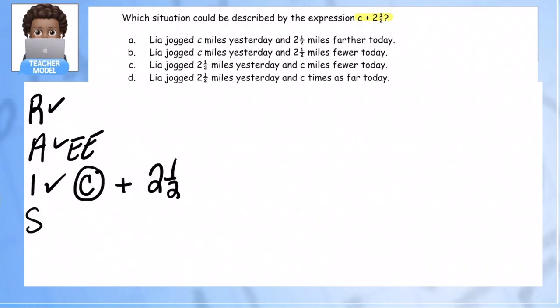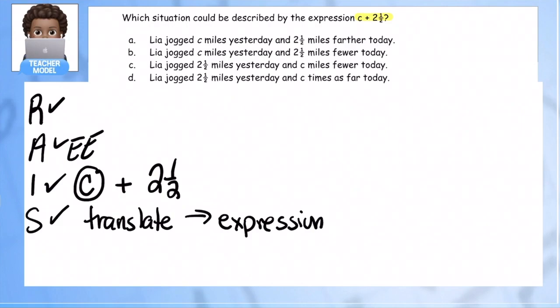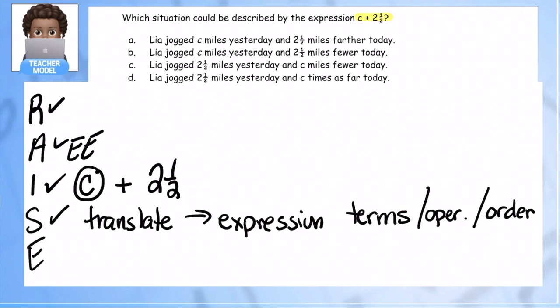So our strategy for today is going to be to translate each one into an expression. That's going to be our goal. And when we do that, remember we're trying to identify the term or the terms, the operations between the terms, and order. That's what we're going to look for and see if we can do some elimination work.